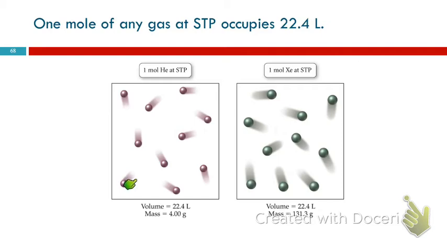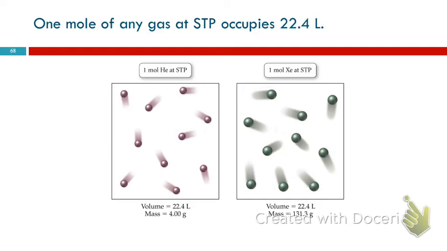Is the mass of this sample different than the mass of that sample? Yes, it is, because these particles weigh more. We have the same number of particles. How many particles? 1 mole, 6.022 times 10 to the 23rd. We have Avogadro's number. Obviously, that's not how many are in this box. We have Avogadro's number of helium atoms here, Avogadro's number of xenon atoms over here.